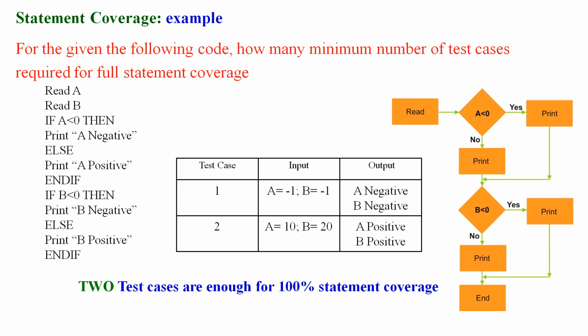So for this program, we need a minimum of two sets of input values. One set of input values is one test case, and the second set is the second test case. Here we need two test cases. Clear? This is statement coverage.